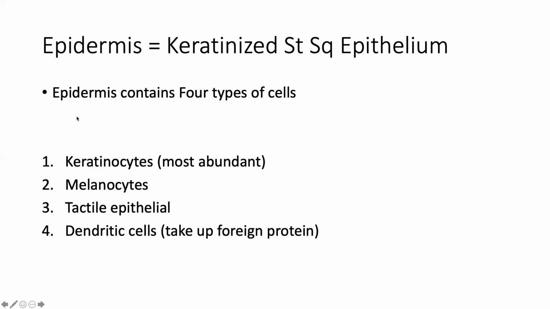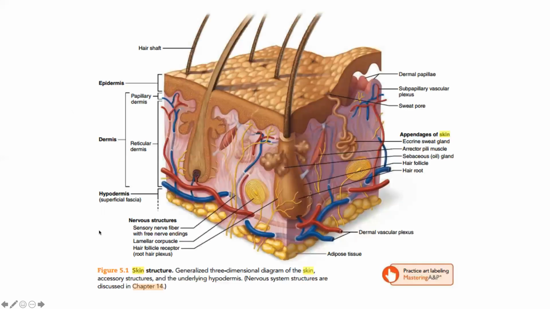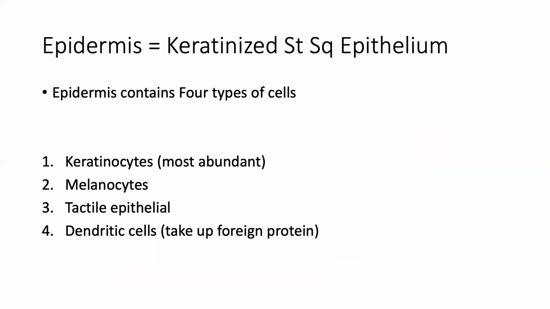They are keratinocytes, melanocytes, tactile epithelial cells, and dendritic cells. So this is the skin. We were talking about the epidermis, which is made of multiple layers of squamous epithelium. In between the multiple layers of squamous epithelium, we have these 4 cells.